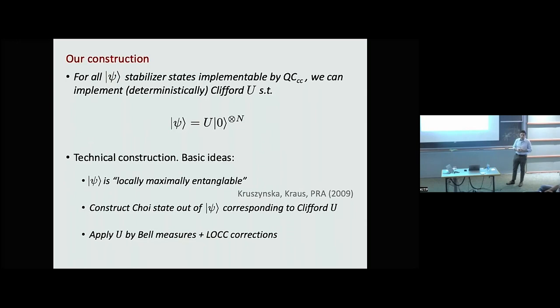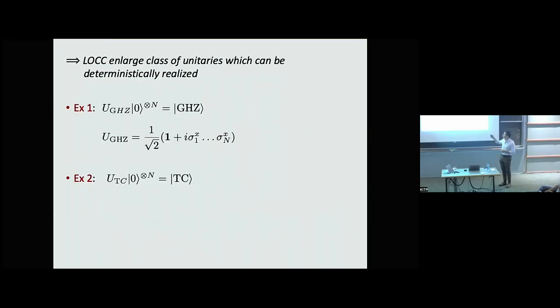And so then you can simply apply your natural measurement-based scheme to obtain your unitary. So let me give you two examples. One I already showed is this U_GHZ. And this can be obtained by first preparing your GHZ state as I showed, and then applying this procedure to obtain this. Again, let me stress that the difference with what we did before is that this simple procedure is guaranteed to apply this operator now to any state, and it's not fine-tuned to the initial state that you have.